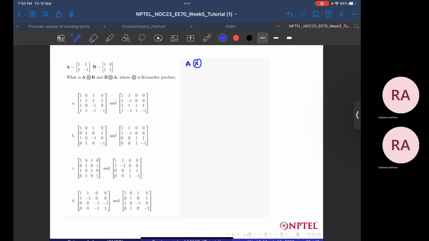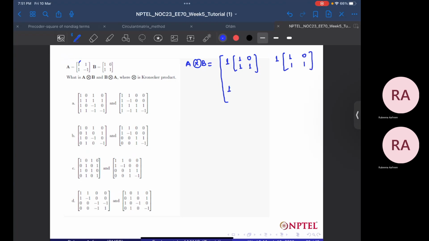For these matrices, A Kronecker B would be the first term of A, that is 1, times the B matrix 1 0 1 1. Then the second term of A times 1 0 1 1.